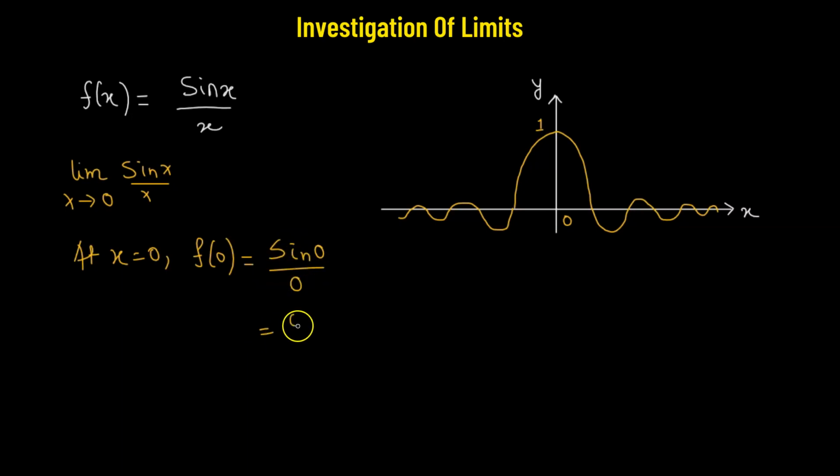We know the sine of 0 has a value of 0, so we are getting an indeterminate form. Indeterminate form means we cannot define the value of this function at the origin. So whenever we are unable to define the value of this function at the origin, we have to represent it with a hole here. So the hole suggests that we cannot define the value of this function at x equals 0.